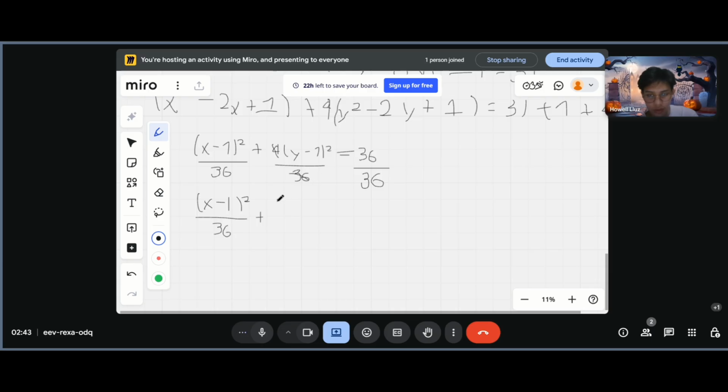So we can put it to (y − 1) over 2 raised to 2, equals to 1.